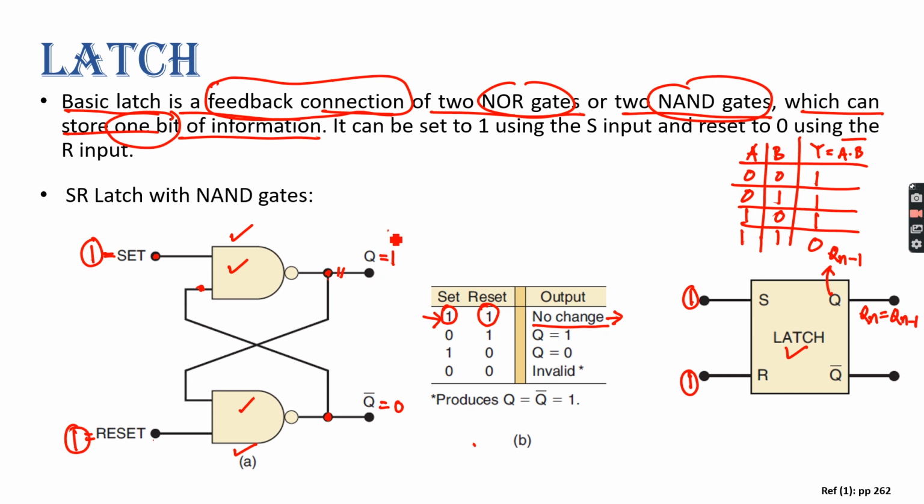Suppose my previous condition was like this, my q was 1 and q bar was 0.